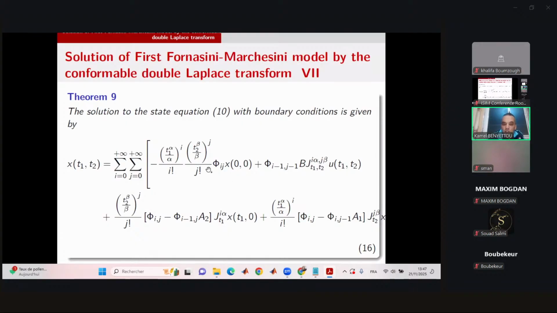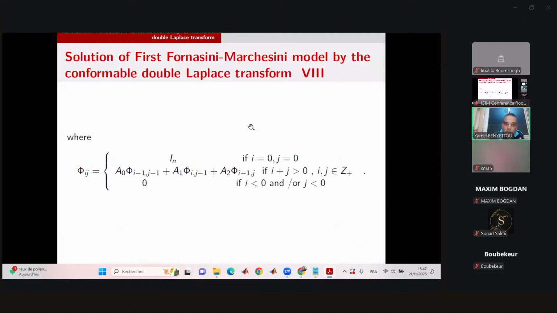We can calculate this matrix using the following formula, which we can also deduce using the characteristic polynomial and comparing the coefficients of p and s in the case of a two-dimensional model, of course.